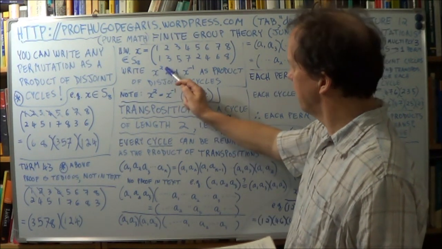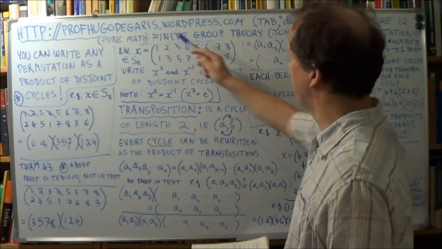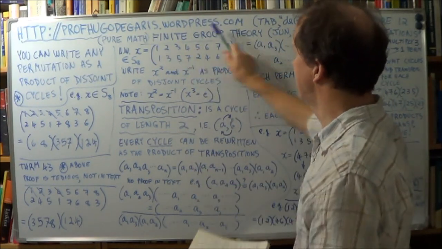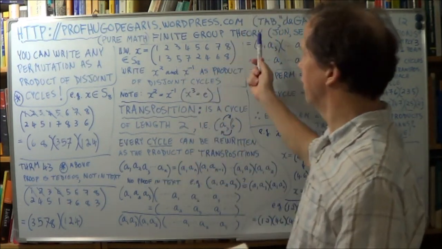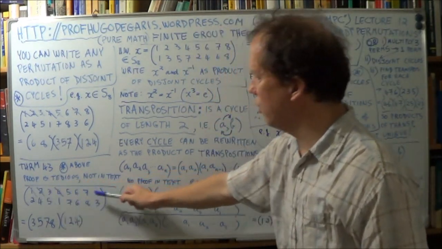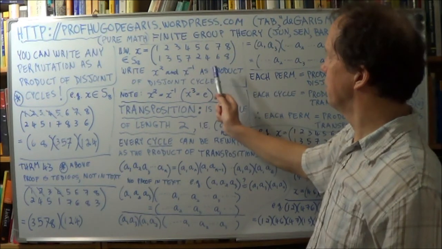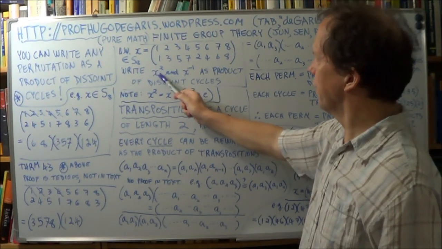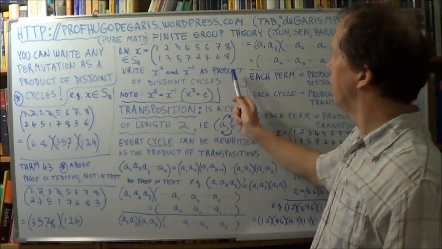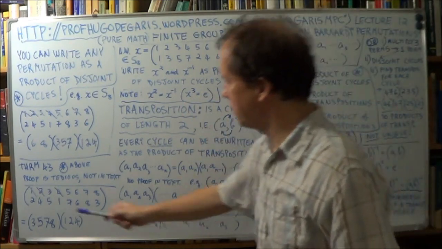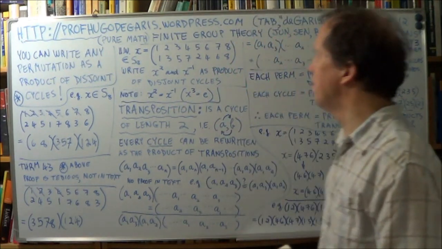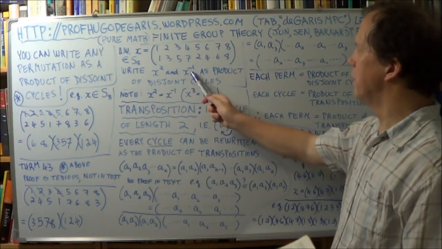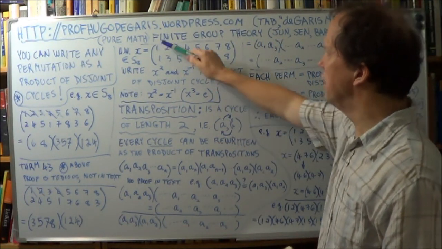So you get the result, X squared, this times itself, and you'll get another transformation in this form. Then you're asked to rewrite that product, X squared, as a product of disjoint cycles. You'll do this kind of exercise again, and you'll end up with something like this. And similarly, find the inverse of this.